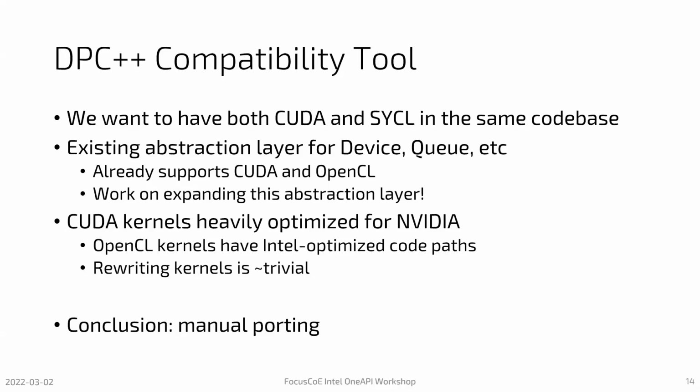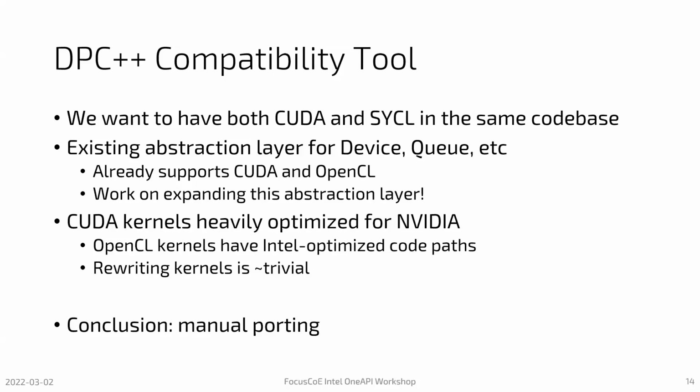And the biggest problem is actually having a nice portable layer that allows us to have CUDA, OpenCL, and SYCL together in the same code. We already had some abstraction layer for devices, queues, contexts, device buffers for CUDA and OpenCL, so it makes more sense to work on expanding and developing this compatibility layer rather than trying to just do some conversion.